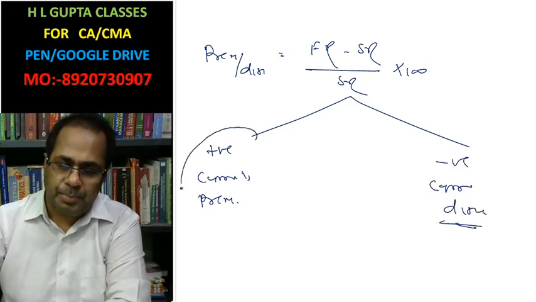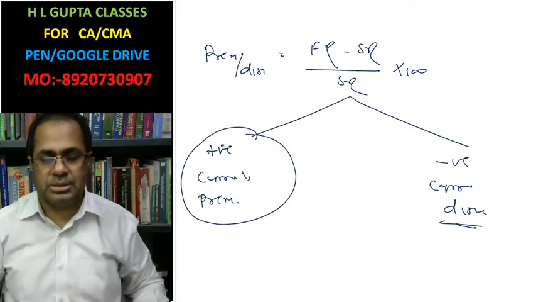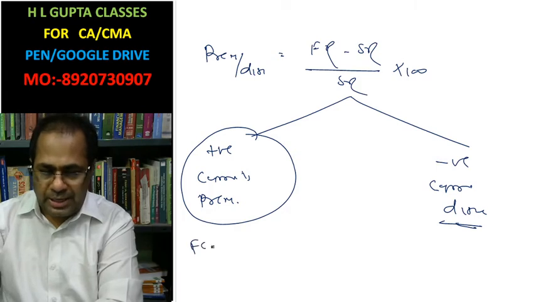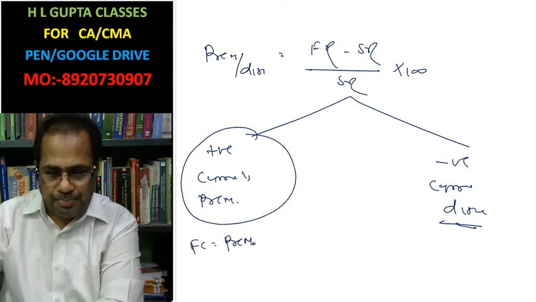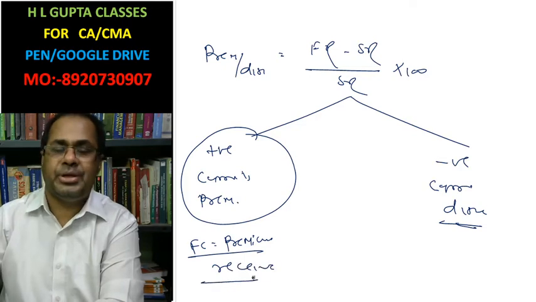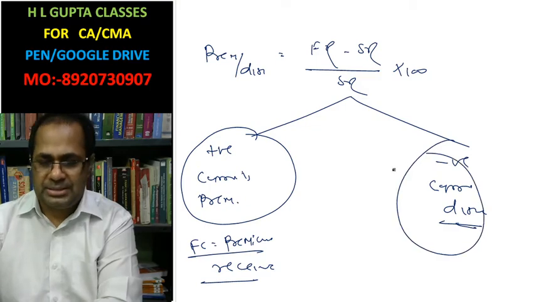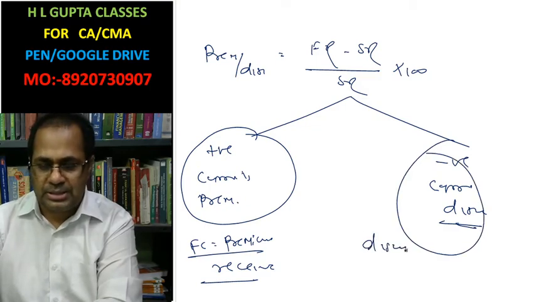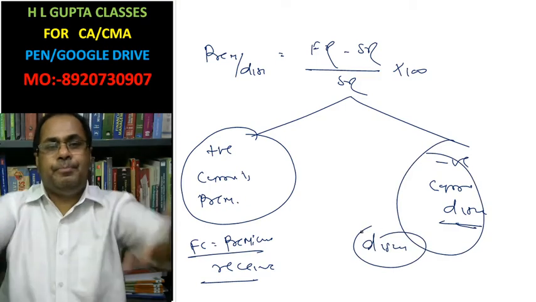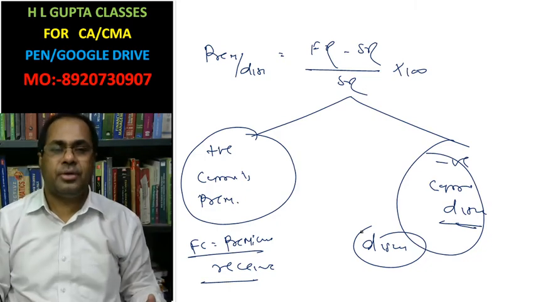In the case of receiving foreign currency, if the foreign currency is at a premium, you are going to receive this premium, then it is better for you. And if your home currency is at a discount and you have to pay in foreign currency, that is not better for you.